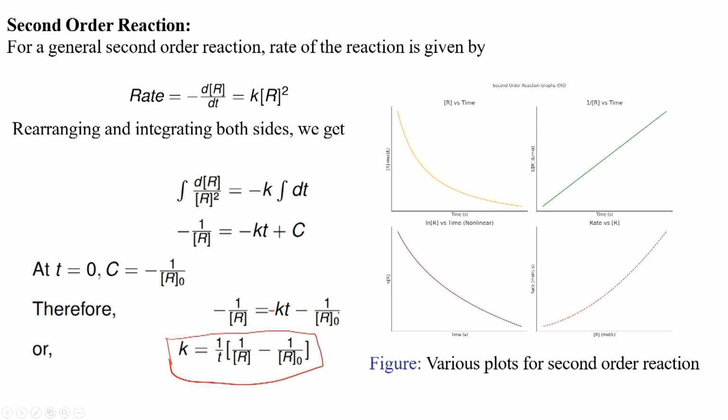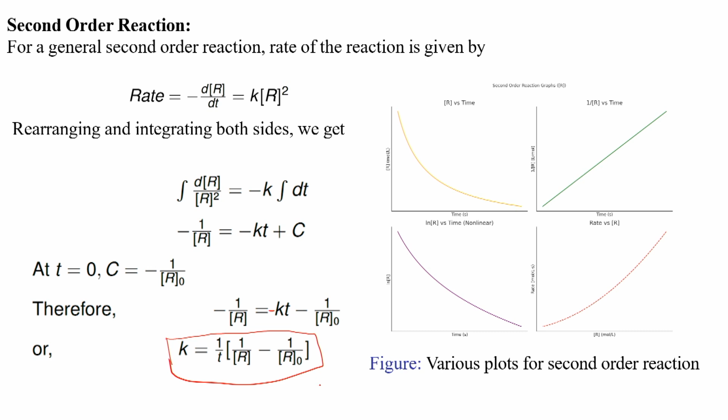Now if we plot concentration of r versus time, what does the plot look like? Okay, so we get an exponential decay, right? And if we plot 1 by r concentration versus time, the value of 1 by r will increase with time and it will be a straight line like this.